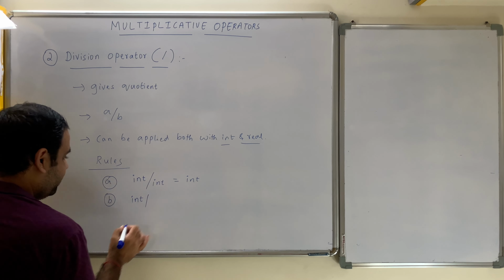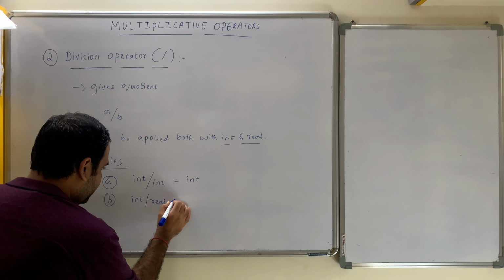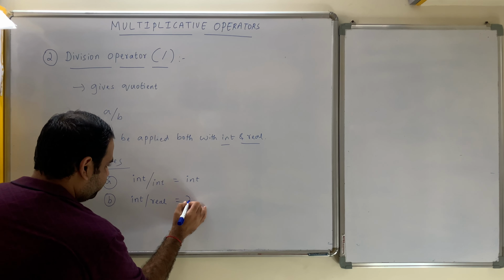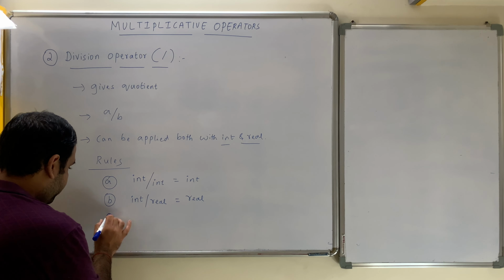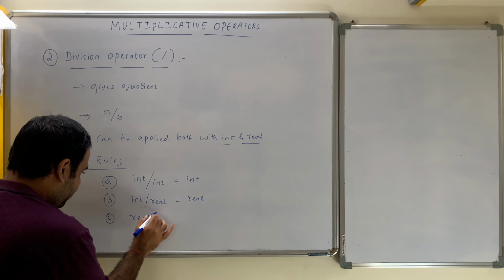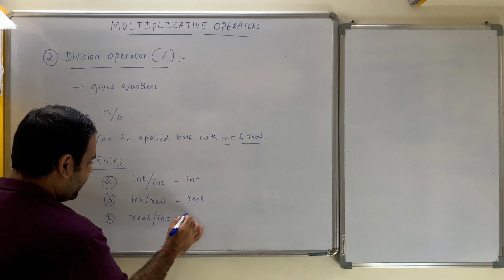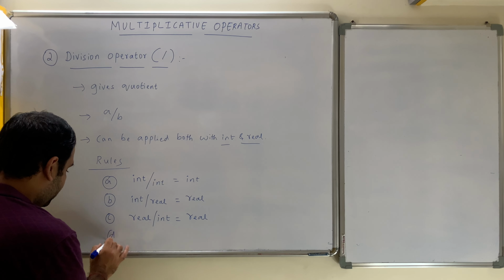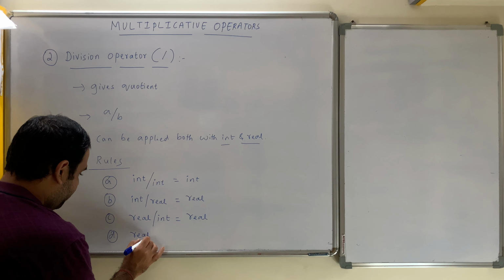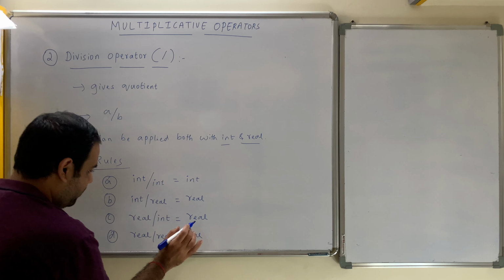If the numerator is integer and the denominator is a real number, integer by real number, the answer is a real number. Now the third rule. The numerator might be a real number, the denominator might be an integer, real number by integer, the answer is a real number. And the last one, real number by real number is equal to real number.